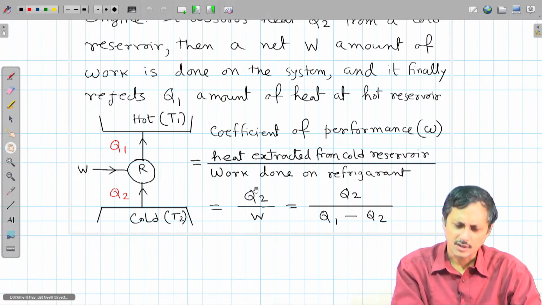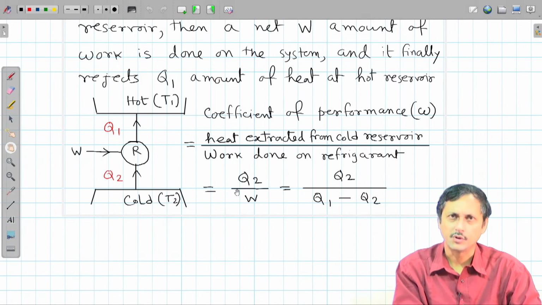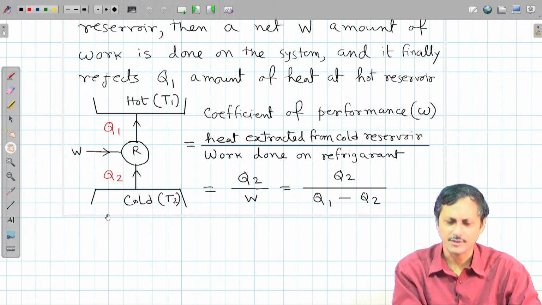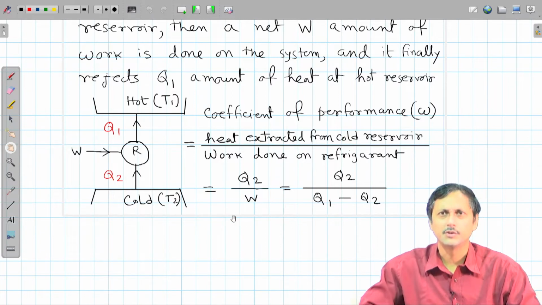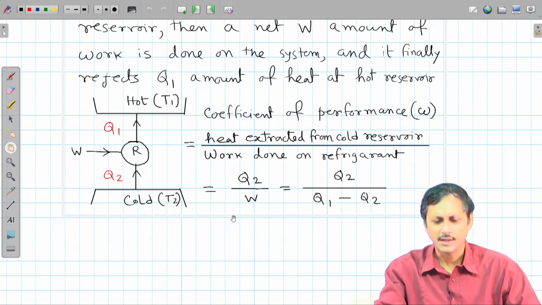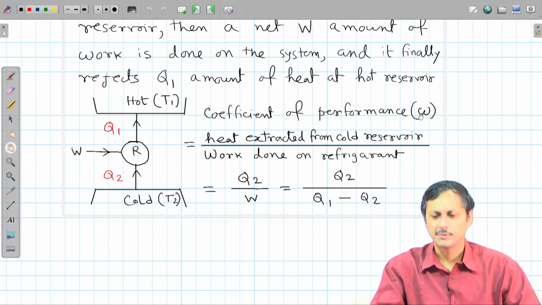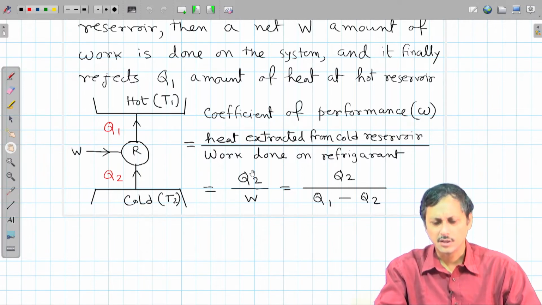So, if it takes Q2 amount of heat from the cold reservoir or the system of interest, and W amount of work has to be done on it, then my coefficient of performance omega is equal to Q2 by W, which is Q2 divided by Q1 minus Q2, right.